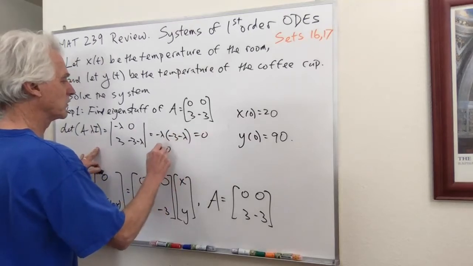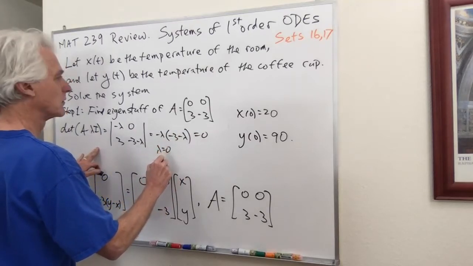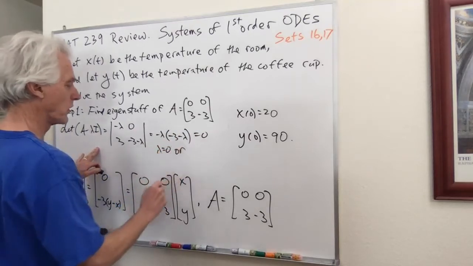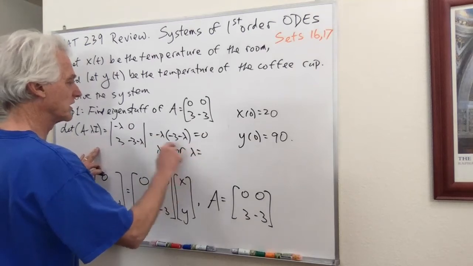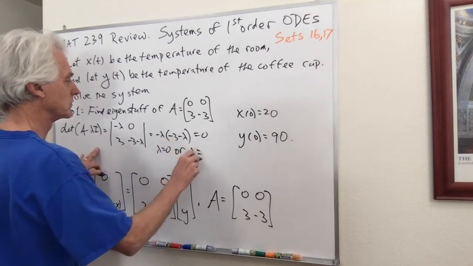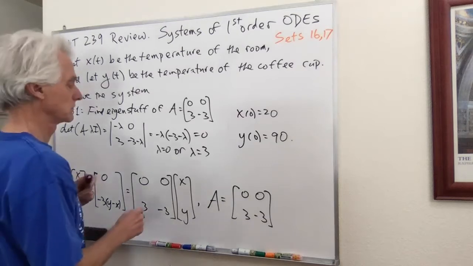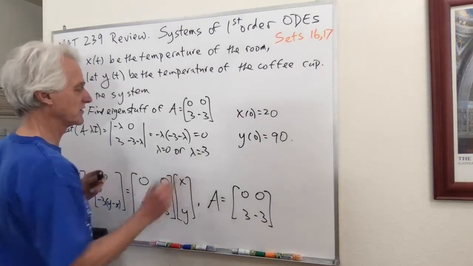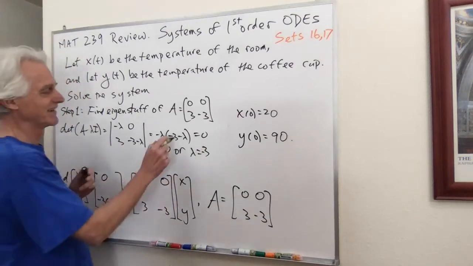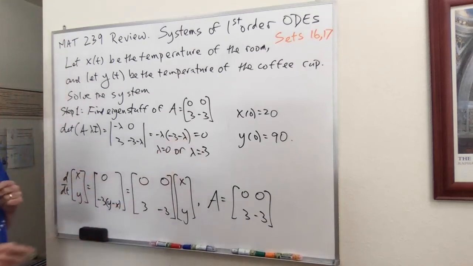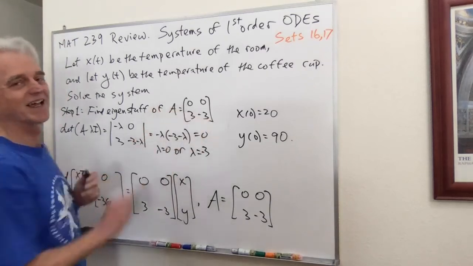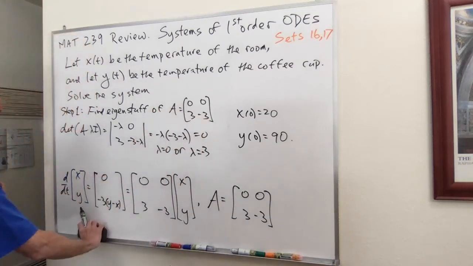So lambda equals 0, or lambda is 3. Did I do something wrong? I guess so. No, lambda is negative 3. If minus 3 minus lambda is 0, then lambda is negative 3. Good. So it's the diagonal entries.